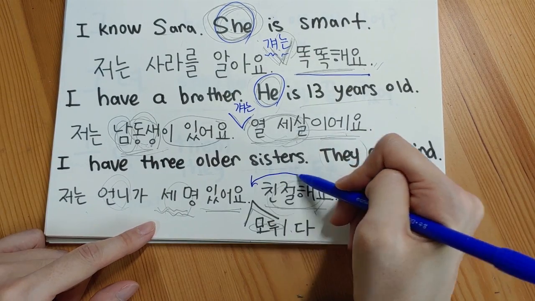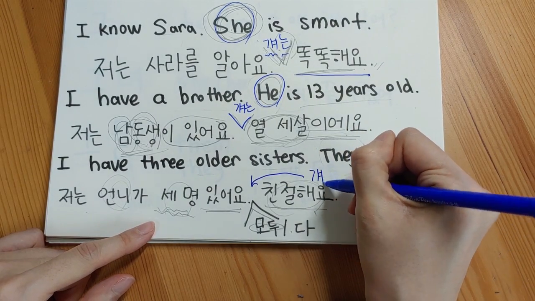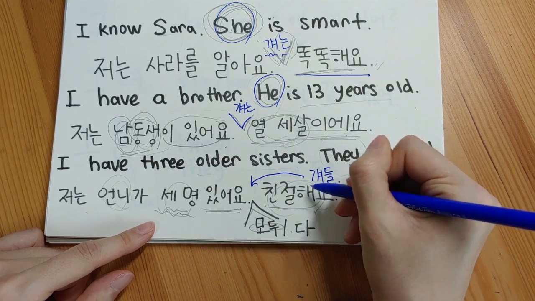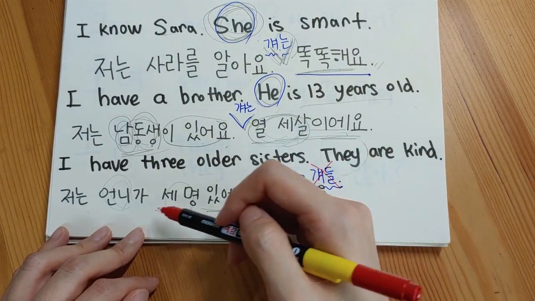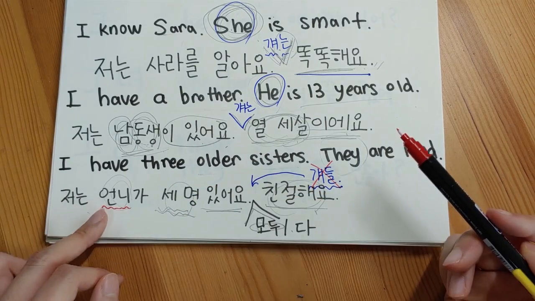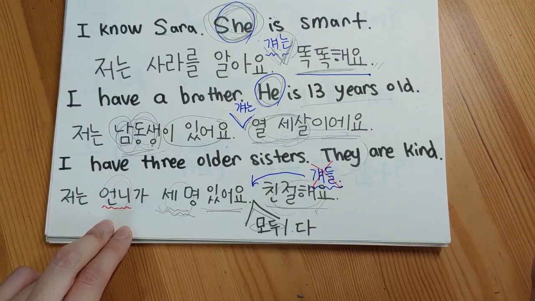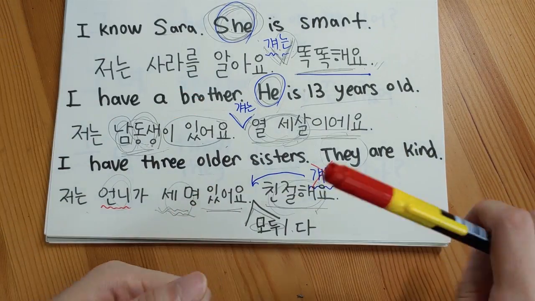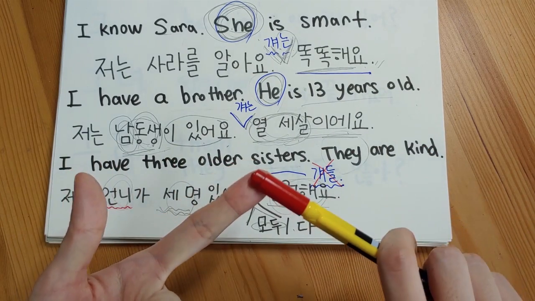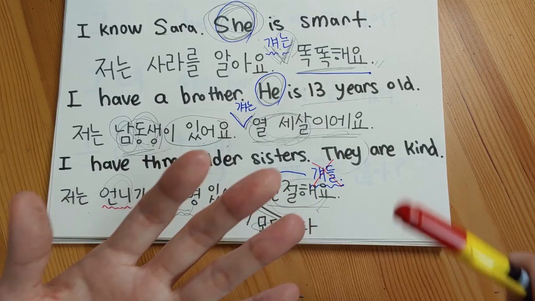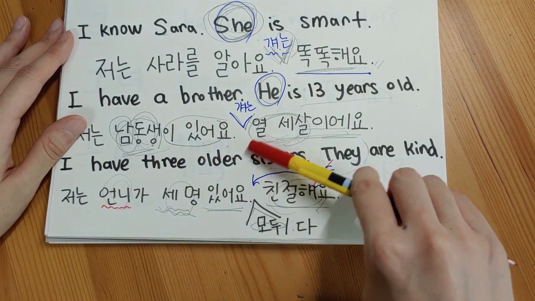And here you might be wondering, can we use 걔들 here? 걔들, those people. But this doesn't suit this sentence because you're talking about your older sisters, right? So even if you use 반말 to your older sisters, you shouldn't say 너 to mean you to your sisters, or 걔, or 얘, or 쟤 to refer to them because they are older than you.